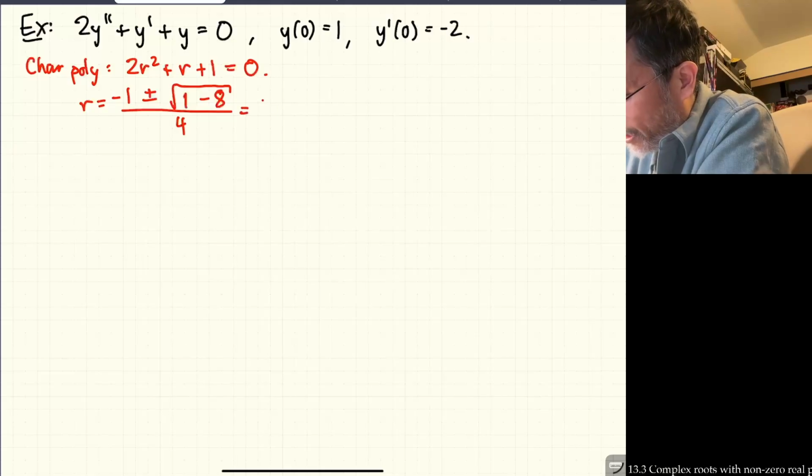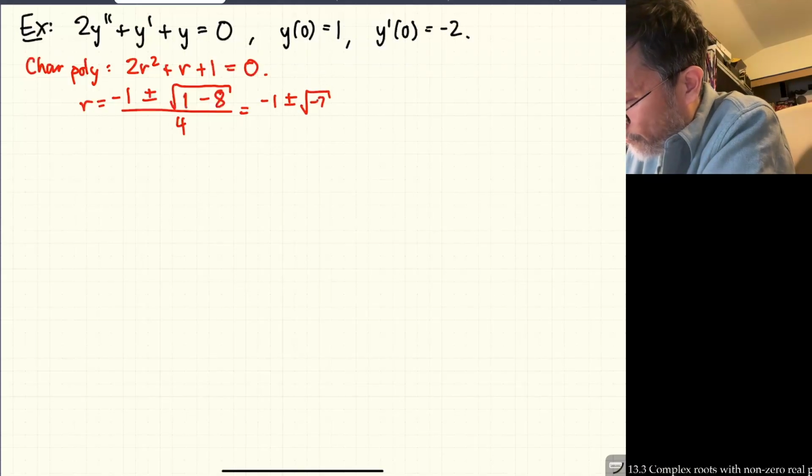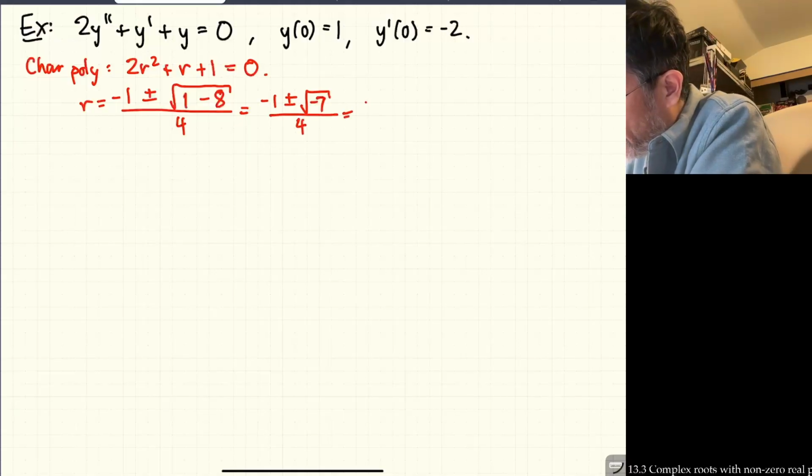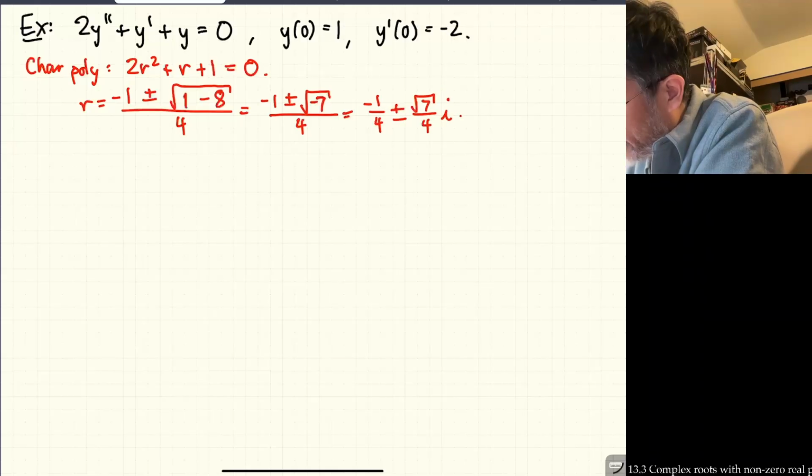So this is negative 1 plus or minus the square root of negative 7, divided by 4. And then this is negative 1/4 plus or minus square root of 7 over 4 times i.